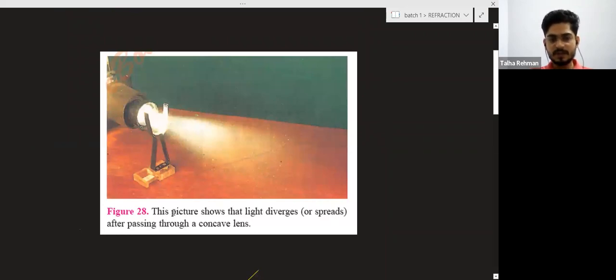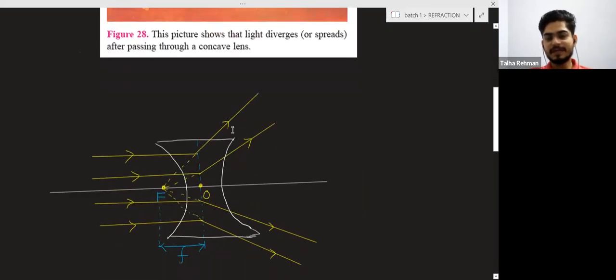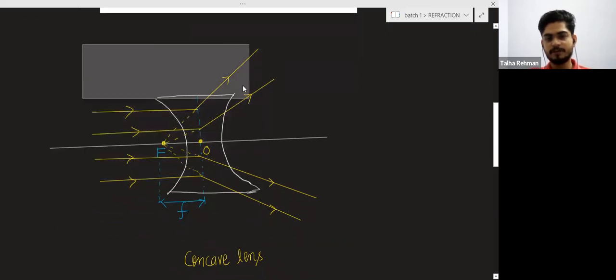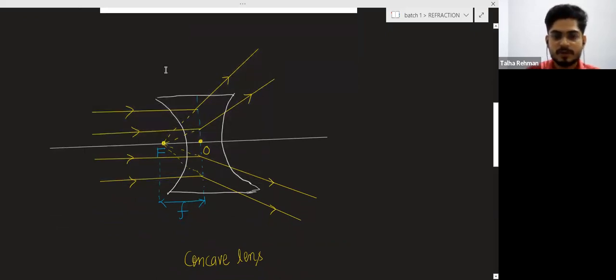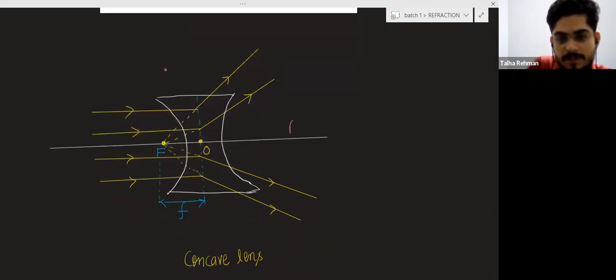This picture shows that the light diverges. Here the light diverges because a lens is placed here, and the parallel light is passing through it. See what is happening: the light rays are diverging, and I have shown that here. This is the principal axis, and O is the optical center.